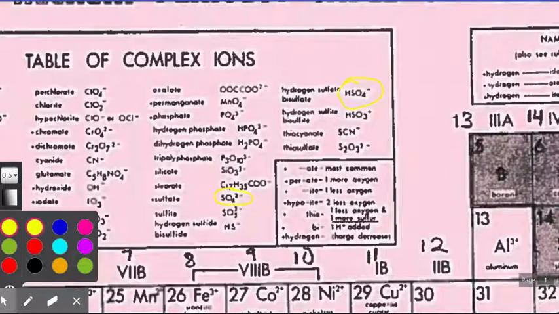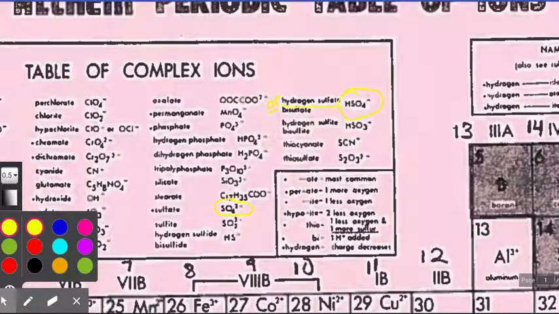Instead, it's named hydrogen sulfate or bisulfate. The bisulfate is a completely separate option. The name is not hydrogen sulfate bisulfate. The name is hydrogen sulfate, or it can also be called a bisulfate.